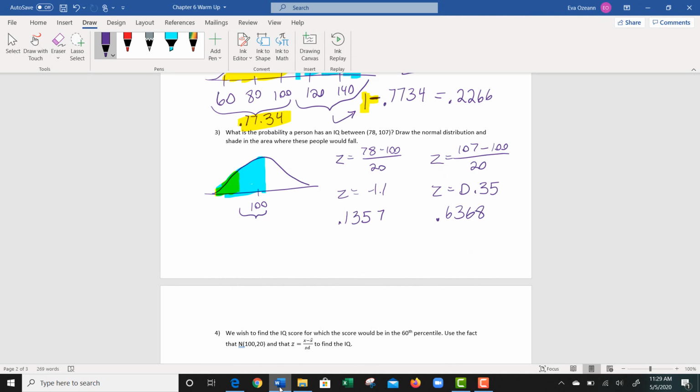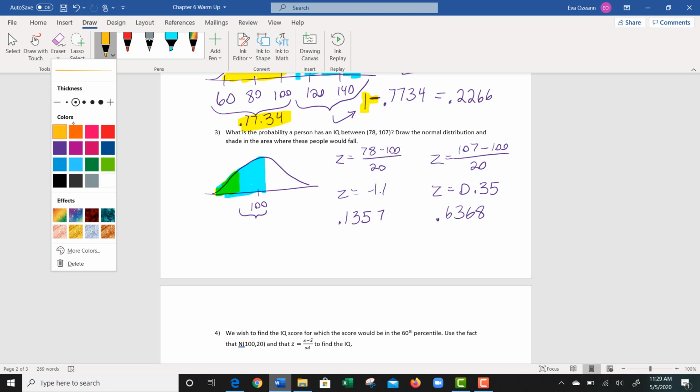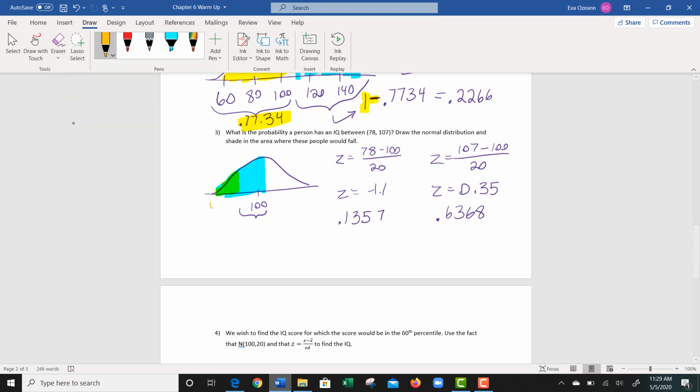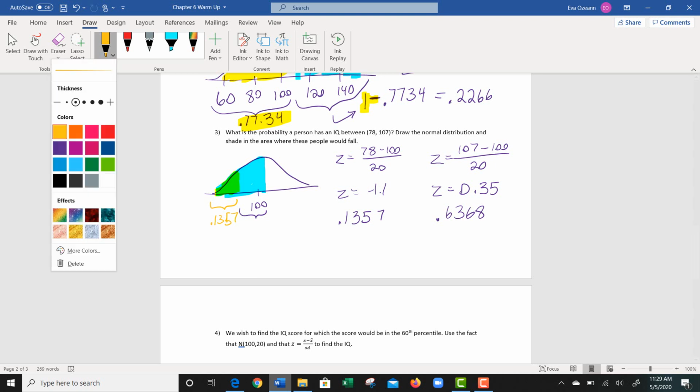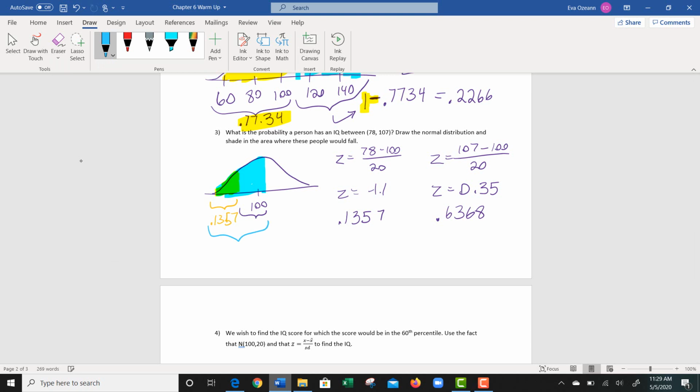Now, visually, I'm going to show you what we just found. We found this probability here is 0.1357, and we also found this probability here is 0.6368.